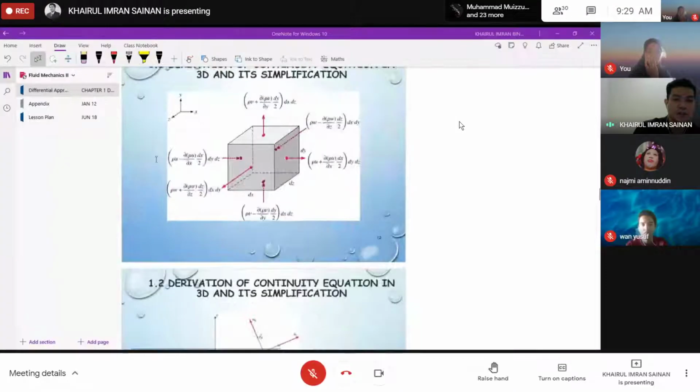But you need to be able to determine what kind of velocity profile occurs inside this plate. For example, since you have two fixed plates, top and bottom, and there is a flow from left to right. So how does the velocity profile look like?